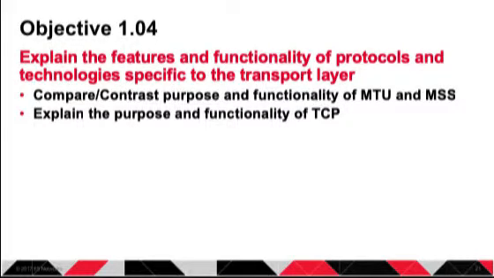All right, so explain the purpose and functionality of TCP, right? The layer 4 protocol that is our primary transport layer protocol. It's not the only one. TCP is a reliable transport protocol, so it is probably the most commonly used transport layer protocol.